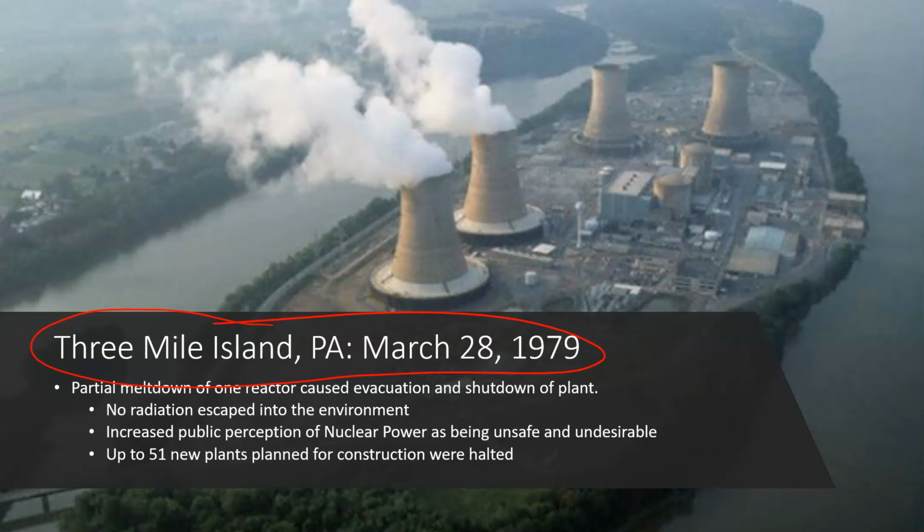All right. So the containment building did its job in Three Mile Island in that, yes, there was an accident, and yes, radiation escaped the reactor, but it did not escape that containment building. So there was basically no radiation that escaped into the environment, and no deaths associated with this particular accident. It did, however, have the important impact of increasing public fear of nuclear power. All right.